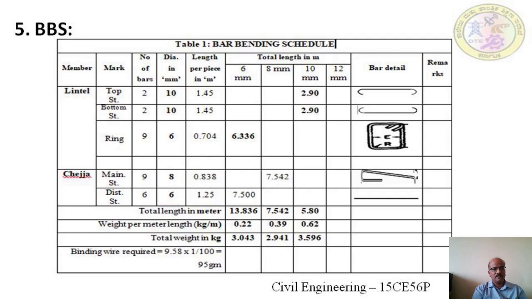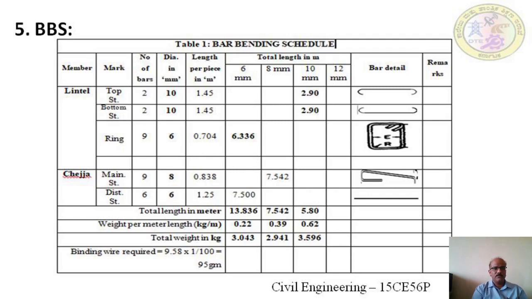Like this for the 8 mm bars, the length required is 7.542 meter multiplied by 0.39, and it works out as 2.941 kg. For the 10 mm bars, 5.8 meter length is required, multiplied by 0.62 kg per meter, and it works out as 3.596 kg.